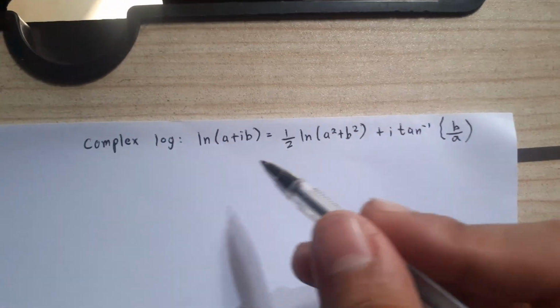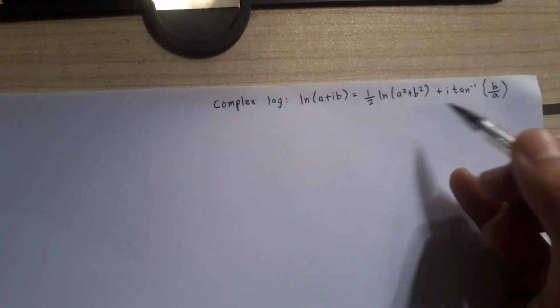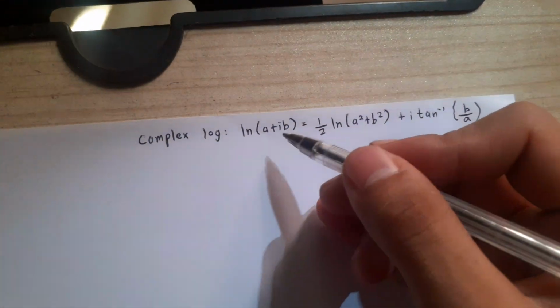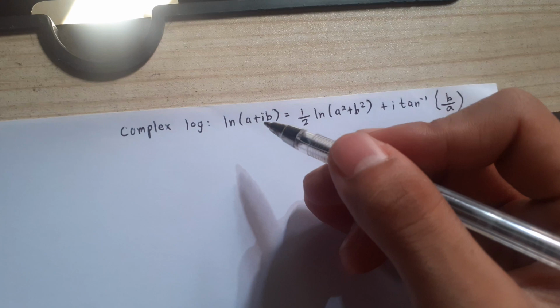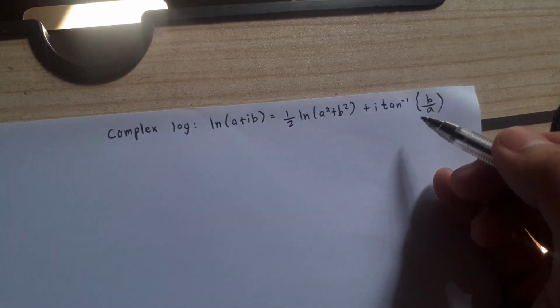So this is the complex logarithm identity. Using this formula, the imaginary part of this complex logarithm is arctan of b over a.